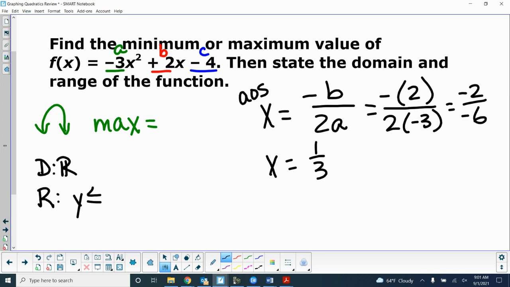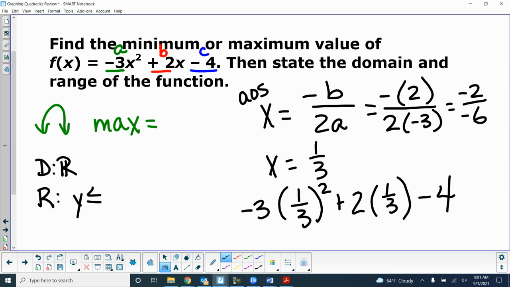Now, this helps me figure out the vertex, which will help me tell what the max value is in the range. Okay? To find the vertex, I have to substitute 1/3 in for x.